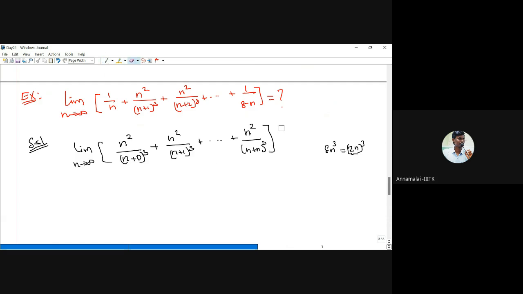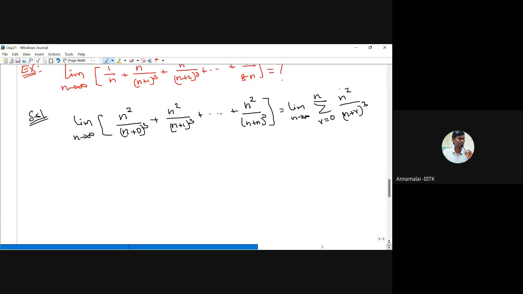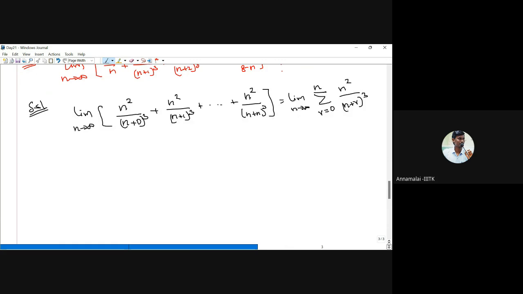Now write in the summation notation. Therefore, this is equal to the limit as n goes to infinity of summation of n square by n plus r whole cube, with r equal to 0 to n. But we need 1 by n before the summation, right? Therefore, we can take n cube outside from this denominator.